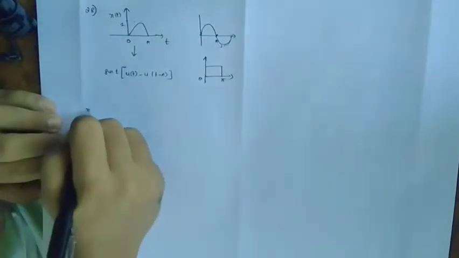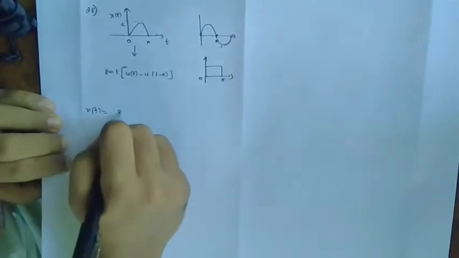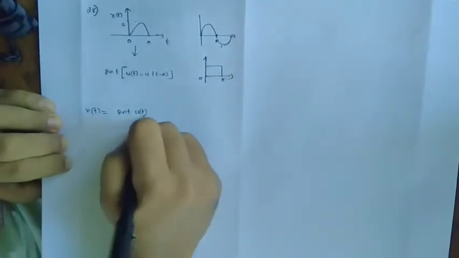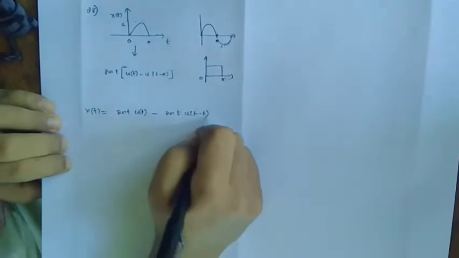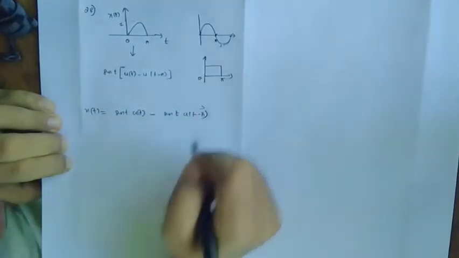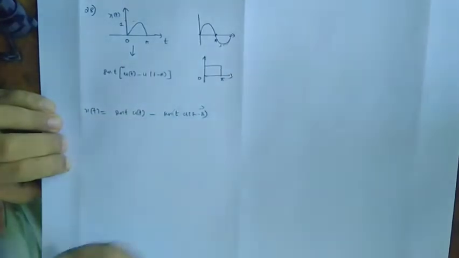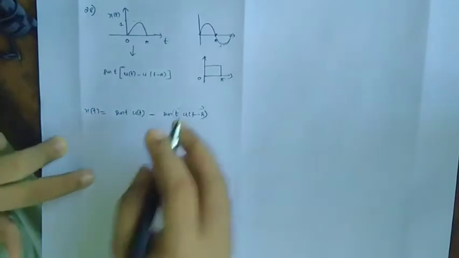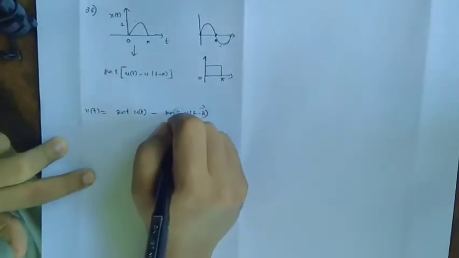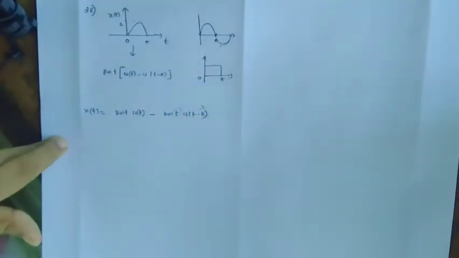So our x(t) equals sin t u(t) minus sin t u(t minus pi). Here it should be t minus pi, otherwise we can't find the inverse Laplace transform. What is sin(t minus pi)?